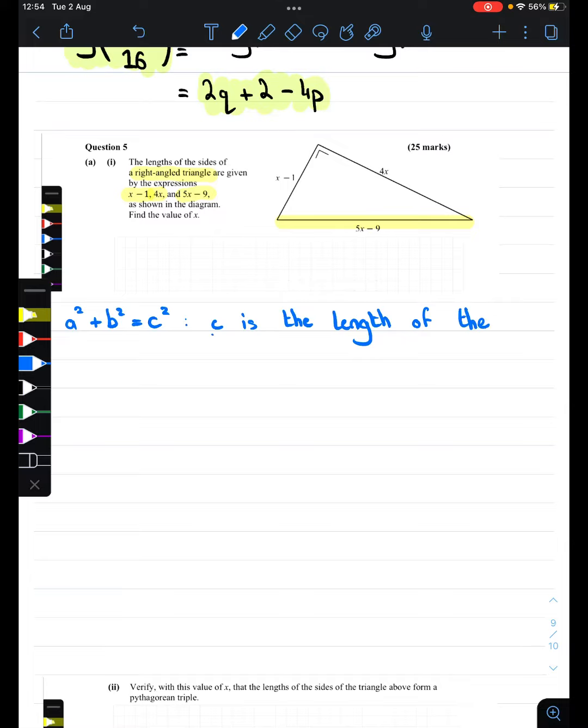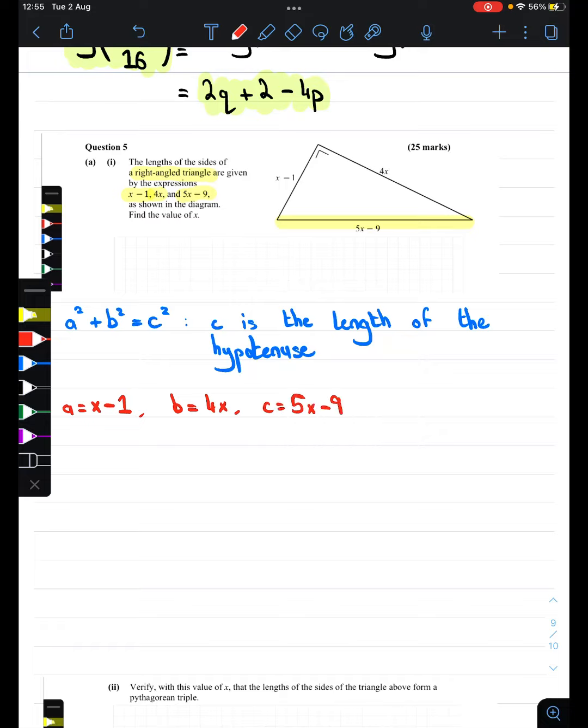So it's this side here in this question. We know that the lengths are x minus 1, so we can let a equal x minus 1. b is 4x, the other length. And c, the length of the hypotenuse, is 5x minus 9.